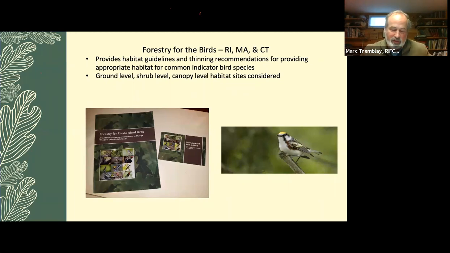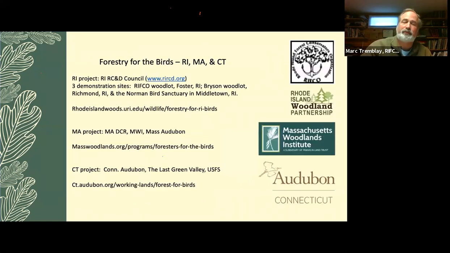Basically, I just want to talk about how activities that you do on your property to increase the resiliency of your oak forest can also enhance habitat for a variety of wildlife, but in particular birds. And I saw by the poll that a lot of our participants here today are interested in bird populations. So the next slide, please.